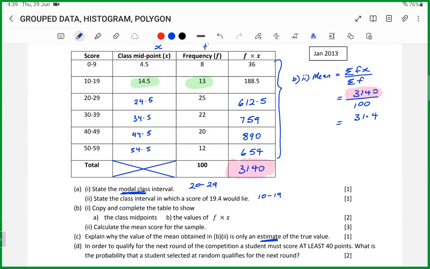Now, why is that? Anyone care to guess why they think that might possibly be before I give you the answer? All right, well, let's look at the 0 to 9 score.